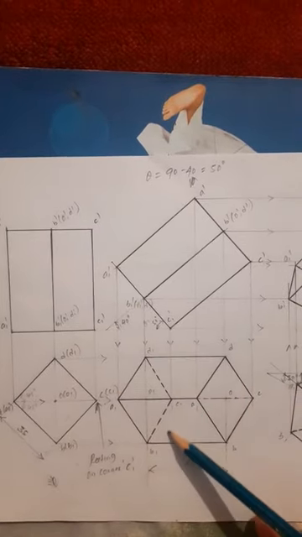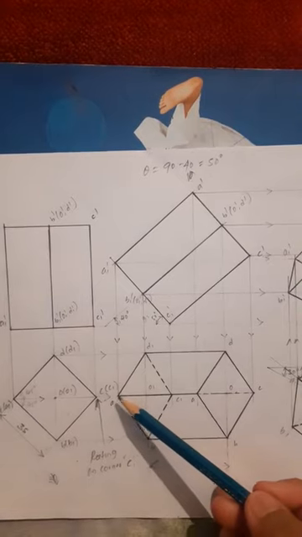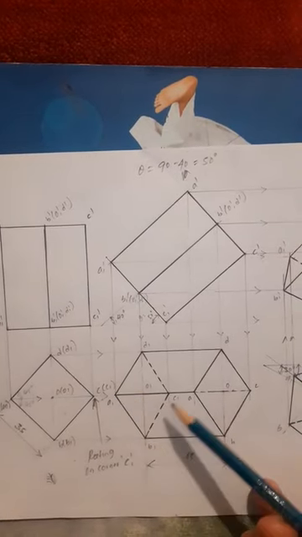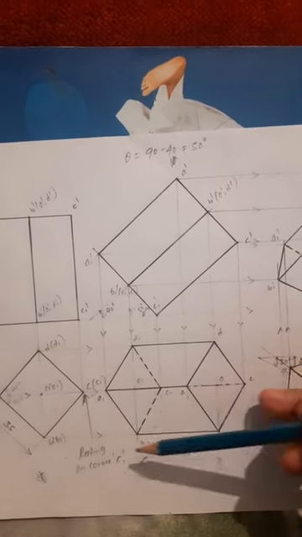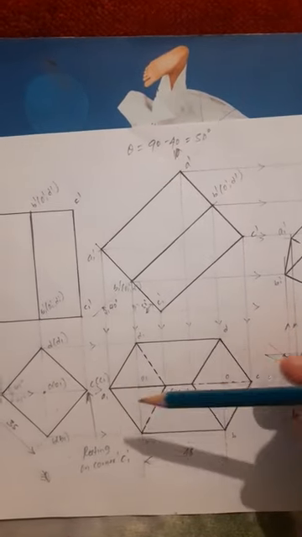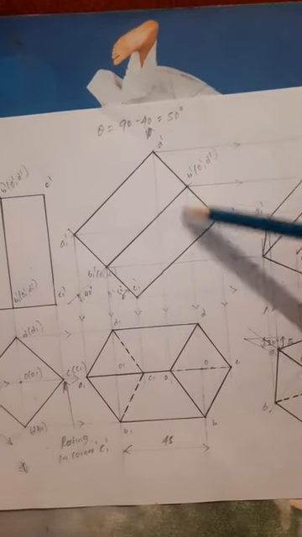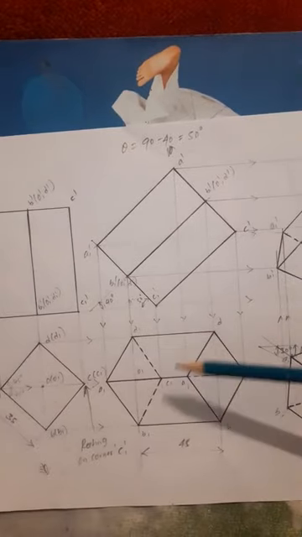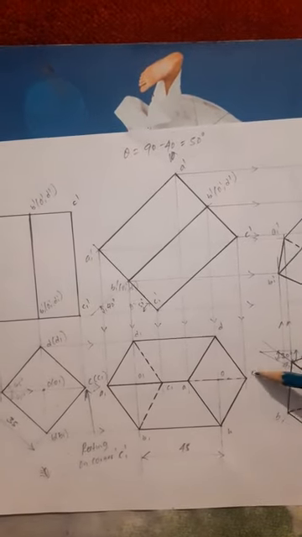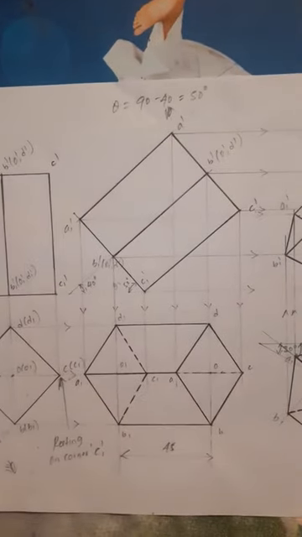Then C1 dash vertical projector, C1 horizontal projector. Now just mark the points A1, B1, C1, D1. Similarly, this is the bottom face or base of the solid's corners. Similarly, go for the top face corners, project vertical projection and horizontal projection. Then name them as A, B, C, D.